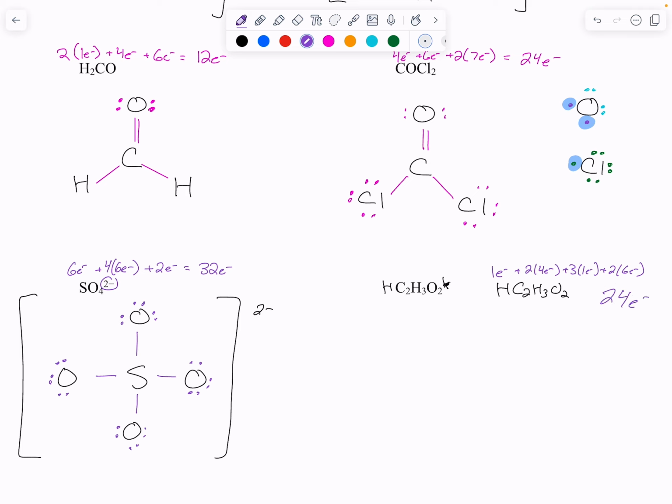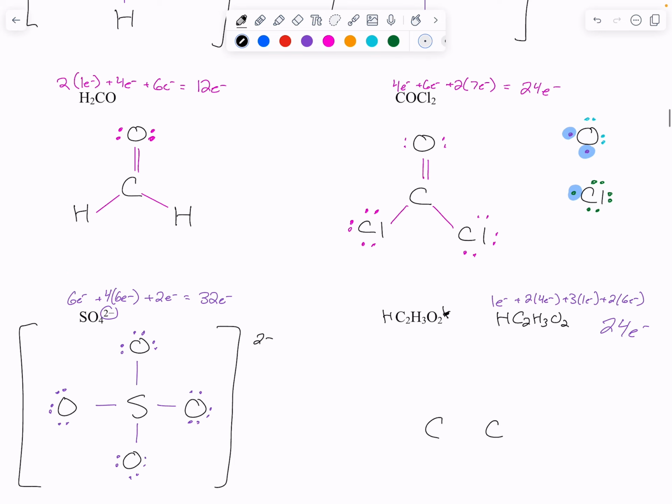Now, how is this arranged? This becomes more complicated. We just dove into the deep end here. Well, how do we do this? Well, in the middle, I have 2 carbons. I'm going to put the 2 carbons in the middle. If we talk about preferences again, carbon has 1, 2, 3, 4 preferences.